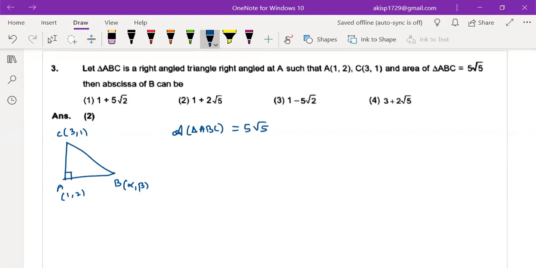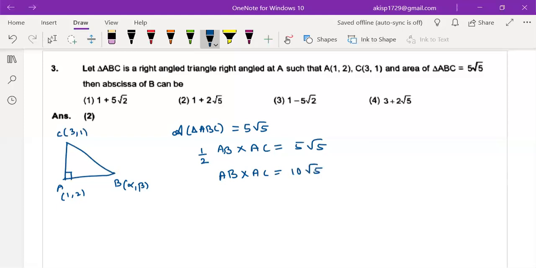Area is half into base into height. Half into base, AB is the base, into the height AC. This is given to me as pi root 5. Now that means AB into AC is nothing but 10 root 5.